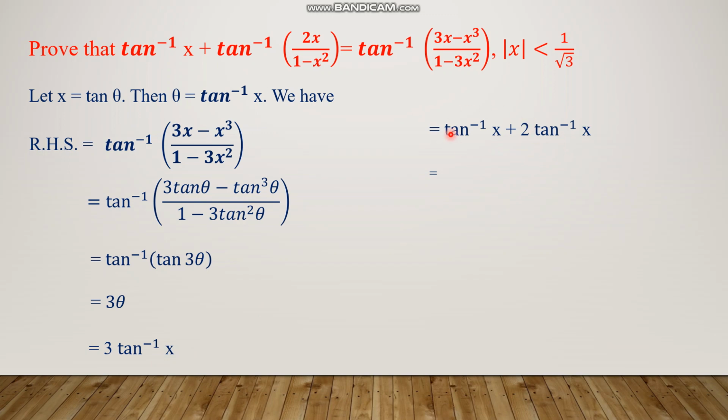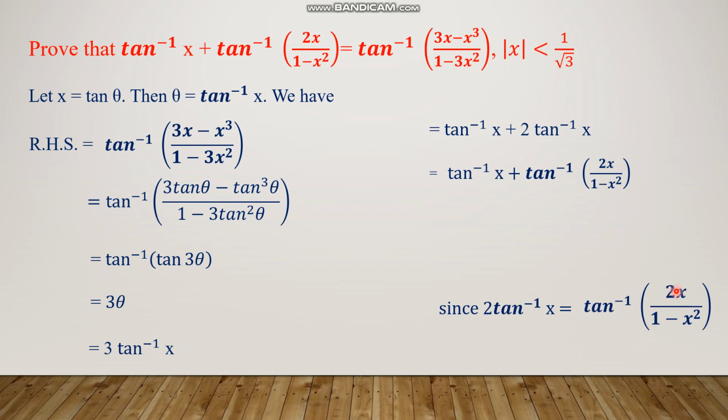Now, no problem with the tan inverse x, that's there in the answer, but look at the second term. It is tan inverse of 2x by 1 minus x square, but here it is 2 tan inverse x. We know that they are the same because we have a formula: 2 tan inverse x is equal to tan inverse of 2x by 1 minus x square. So that will be the LHS, and that's the answer.